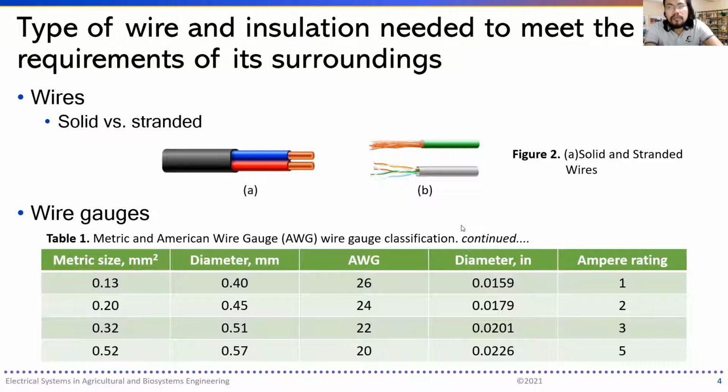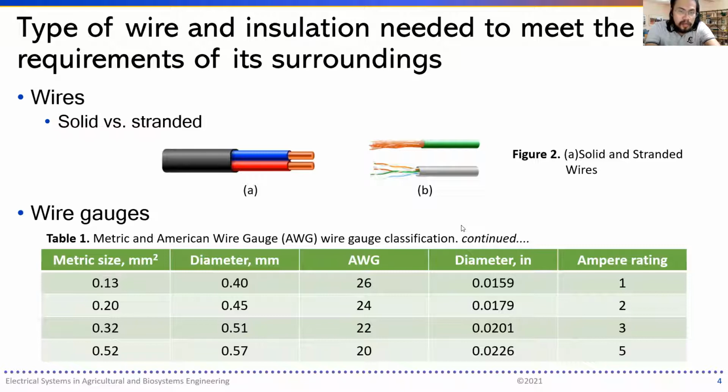So the wire gauge determines and classifies the size of wires in terms of the diameter and the area. And based on the computations on the current and voltage, the ampere rating can also be provided based on this diameter and area.